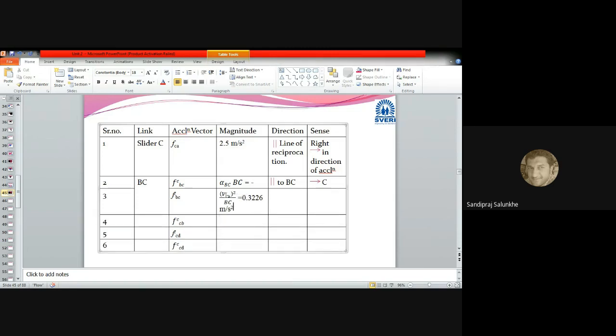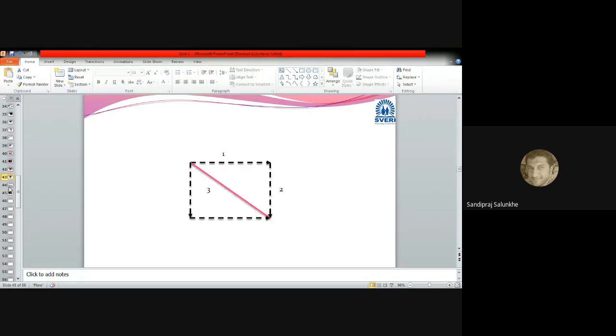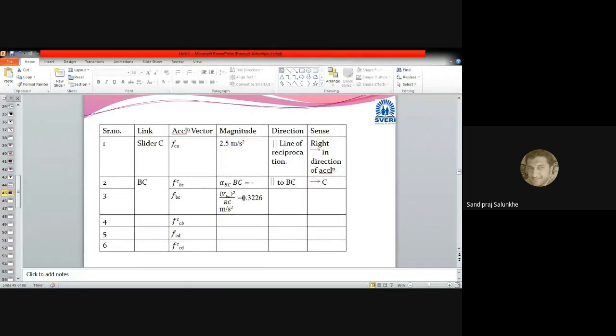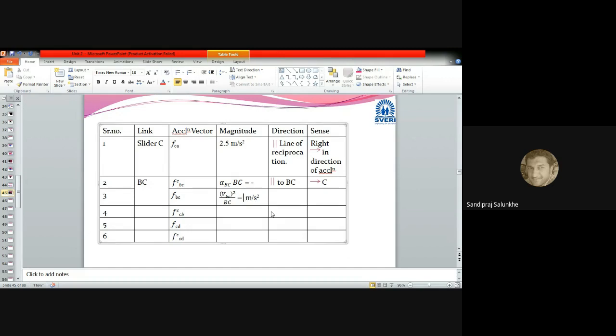Now here velocity of B with respect to C is 0.72 meter per second, and the length of BC is 1.5 meter. So can you calculate it for me? 0.72 bracket square divided by 1.5. How much is it?